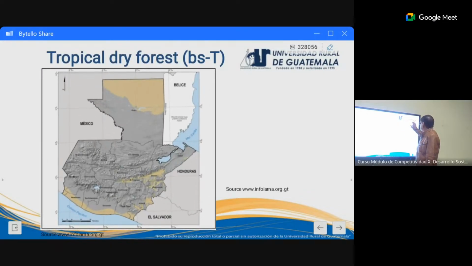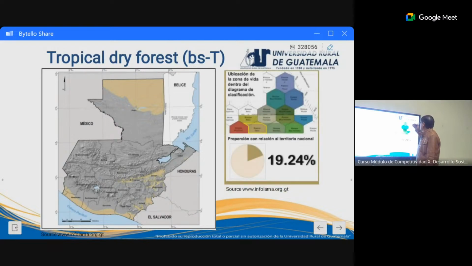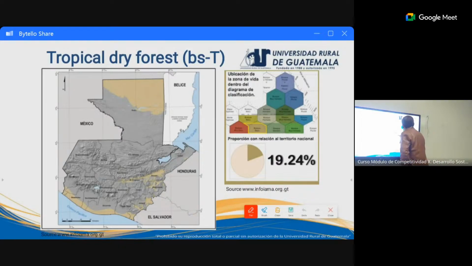And here's the map and the Holdridge model. Let's check some information here, some characteristics. This Holdridge model says that this area represents 19.24% of the national territory, and the shape here in the model is the one here.